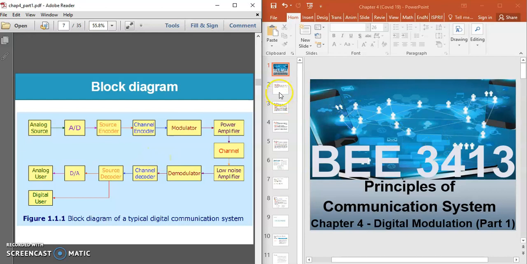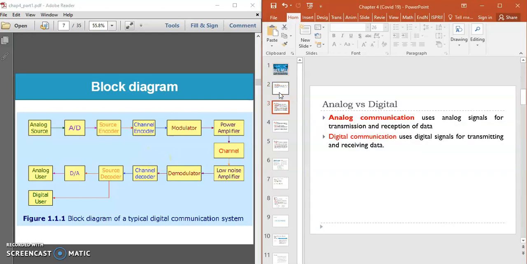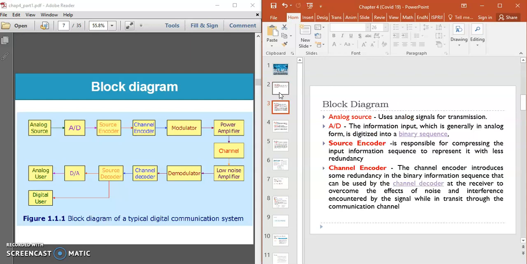Okay, so this is the basic block diagram. In the block diagram, you will see the analog source, and A to D is the analog to digital converter. These are the functions: analog source, analog to digital converter, source encoder, channel encoder. You can read by yourself.